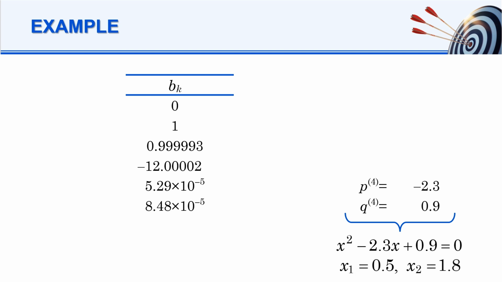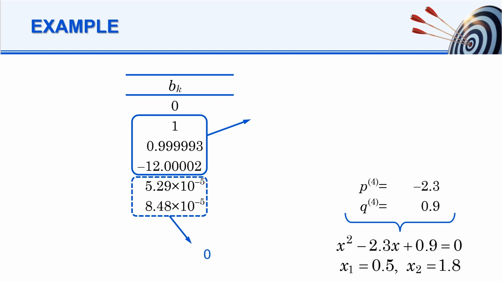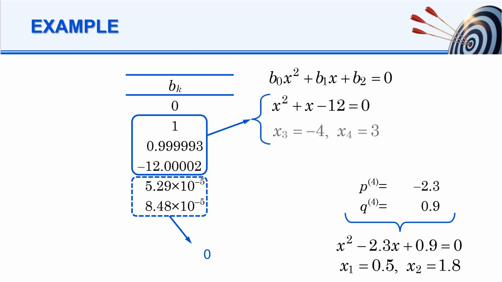We note that the last two elements of the array B, b3 and b4, go to 0. The prior three elements are also the coefficients of the quadratic equation, whose solution also yields real roots, minus 4 and 3.